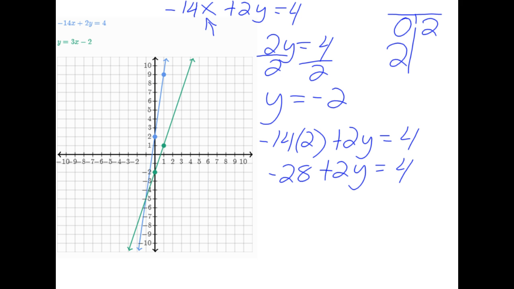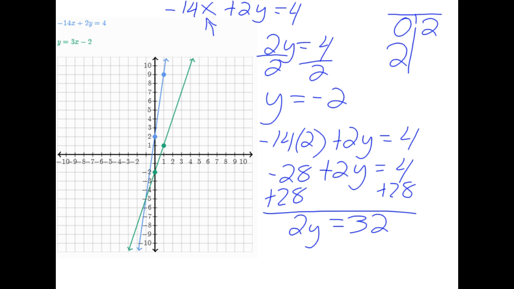I am going to add 28. When I add my 28, I get y equals 32. Divide both sides by 2, and I get y equals 16.